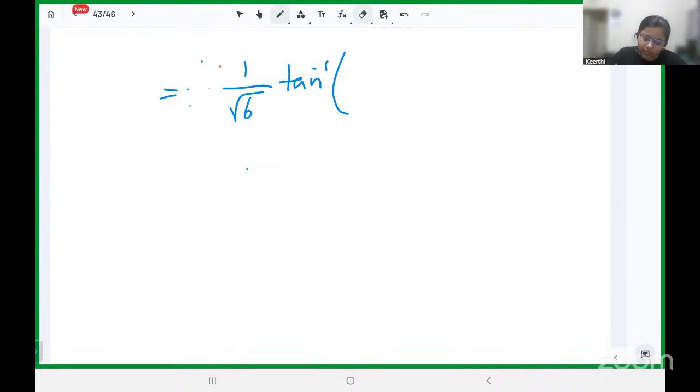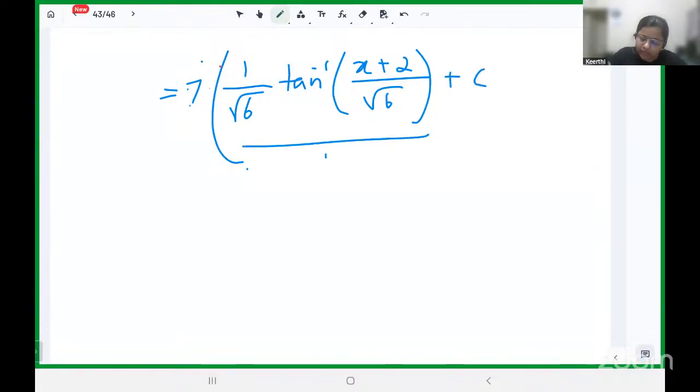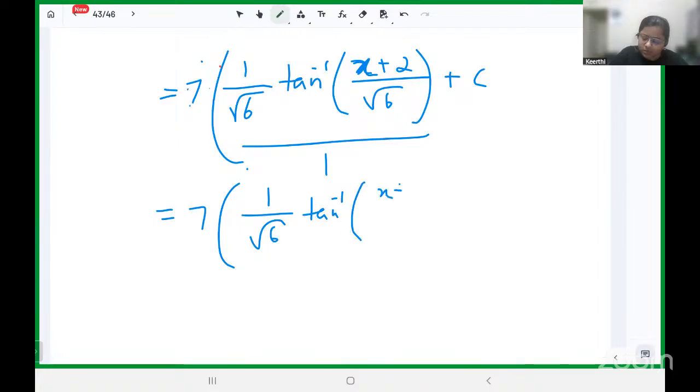It's not 1 by 7, 7 was outside. 1 by root 6 tan inverse of (x plus 2) divided by root 6 plus c. You have to divide with the derivative of x plus 2, it is 1. So this will become 7 into 1 by root 6 tan inverse of (x plus 2) by root 6. Okay, this is the second part.